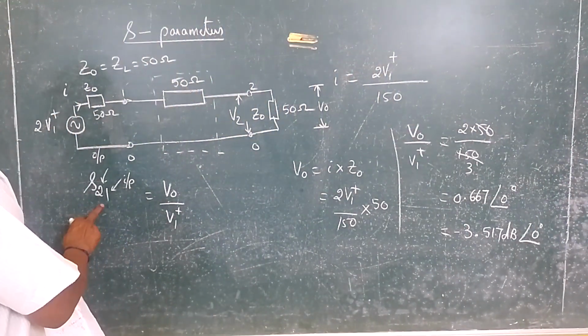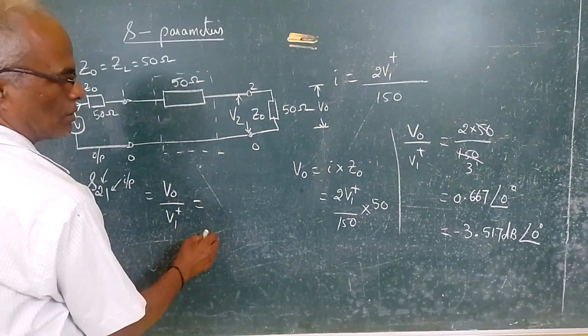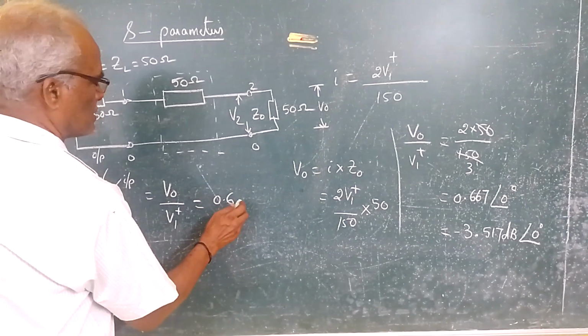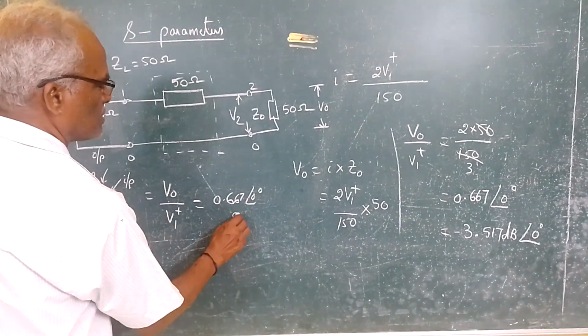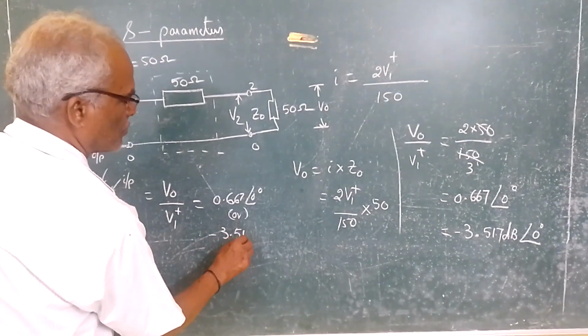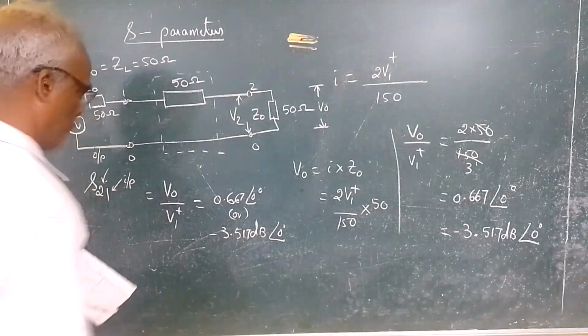So now we got the S21 value, which is 0.667 angle 0 degree, or in terms of decibels, minus 3.517 dB angle 0 degree.